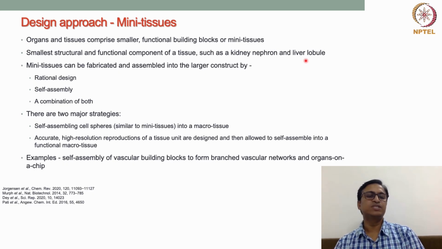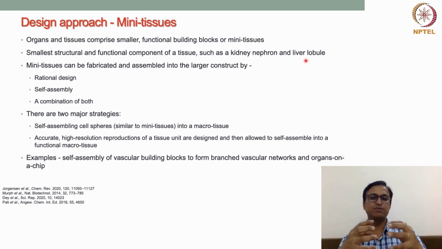So there are two major strategies to develop this kind of mini tissues. Either we can work only on self assembly, where cell spheres will be produced. That is the mini tissue, and then that can be put together to develop the macro tissue. In the other approach, we work on the accurate high resolution reproduction of the tissue unit.